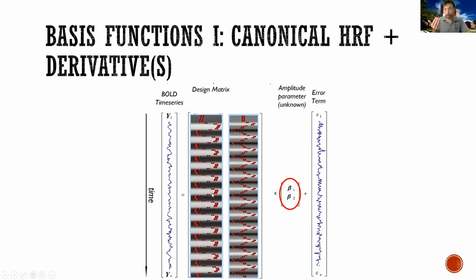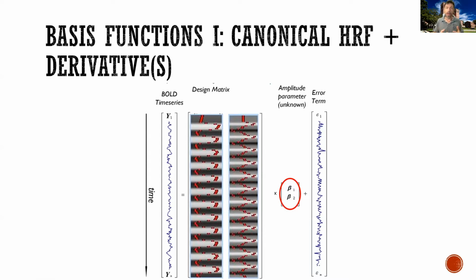Now, participant B, on the other hand, has the exact same magnitude of response, but their response is much faster. So it happens quicker in time, so it mismatches the canonical. This means that part of that amplitude will be taken away from the canonical and will be given to the temporal derivative, so that together they can sort of adjust to that faster HRF.